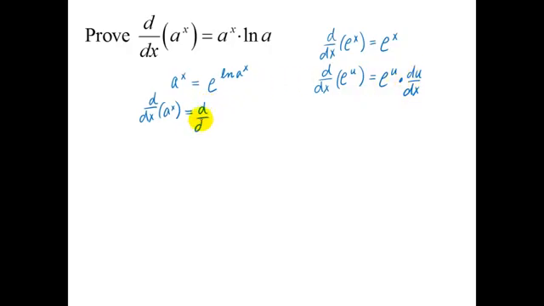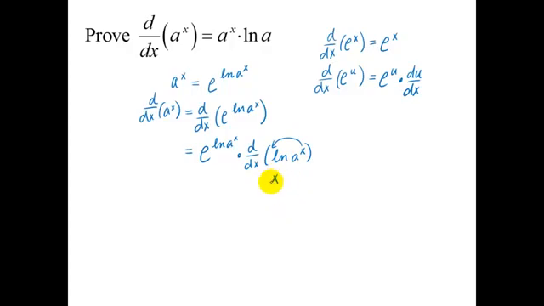So the derivative with respect to x of e to the natural log of a to the x is going to equal e to the natural log of a to the x times the derivative of this. So I'm going to rewrite it like this: the derivative with respect to x of the natural log of a to the x. Now, this we can rewrite with the x out in front because of properties of logarithms.